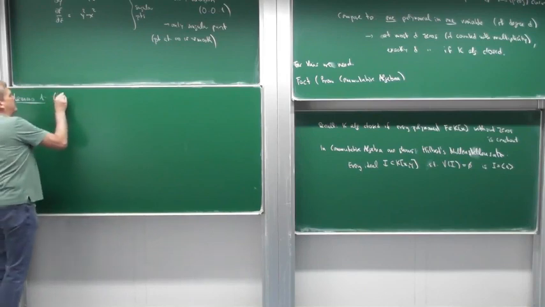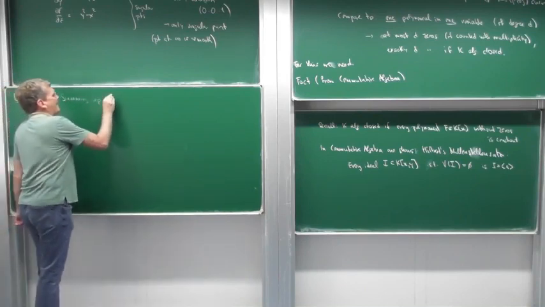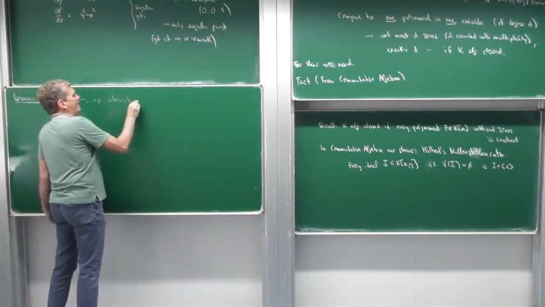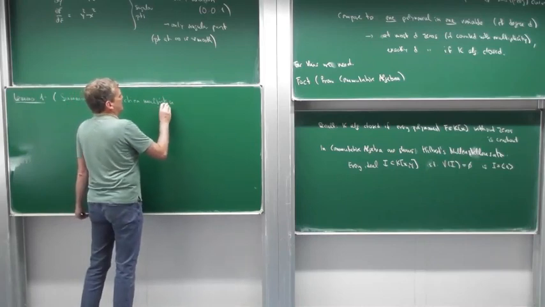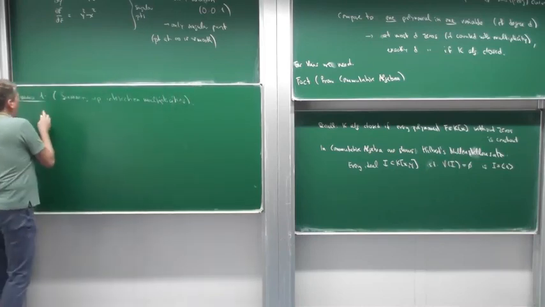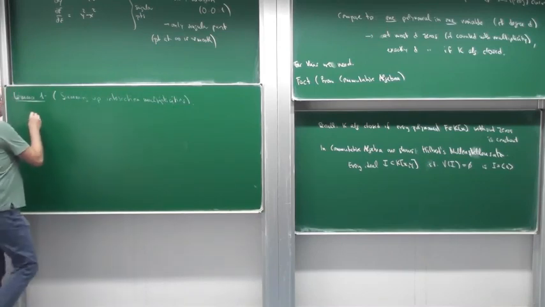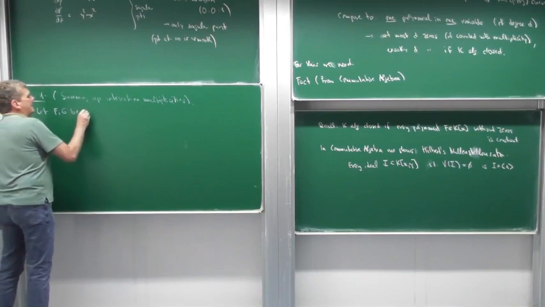Let me call it the lemma on summing up intersection multiplicities. For that, we take two affine curves. As I said, we will start with the affine situation. So let f and g be affine curves.